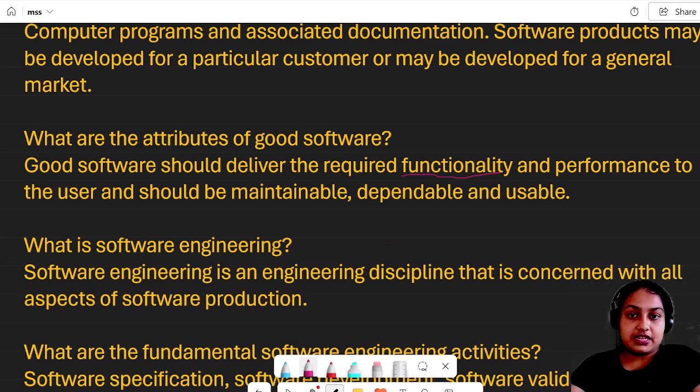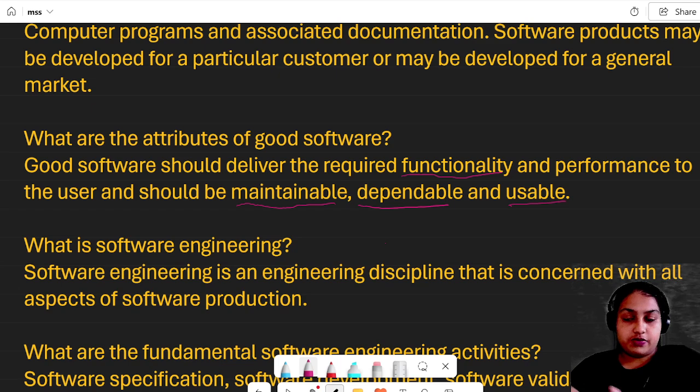It should be maintainable in case there is any damage or something. It should be dependable, the users should be able to depend on it, and of course it should be usable, because that is the reason why they are purchasing. If software has all these attributes, then we can say that it is good software.